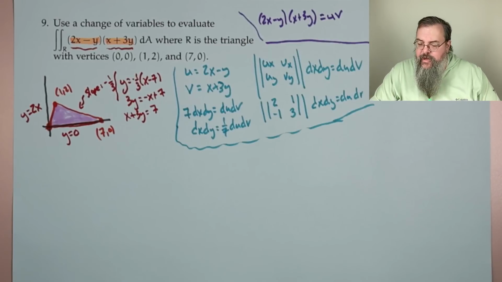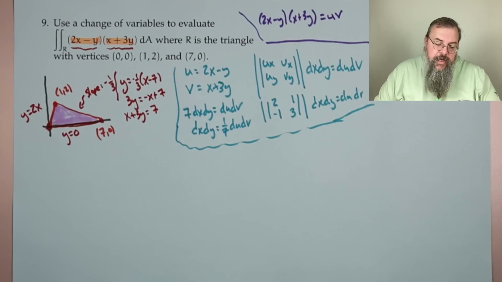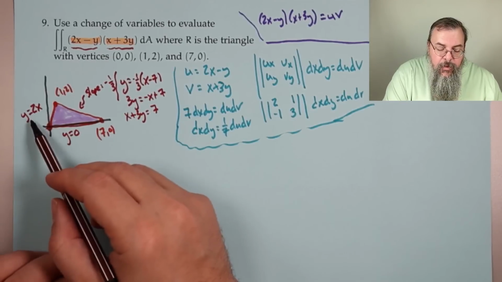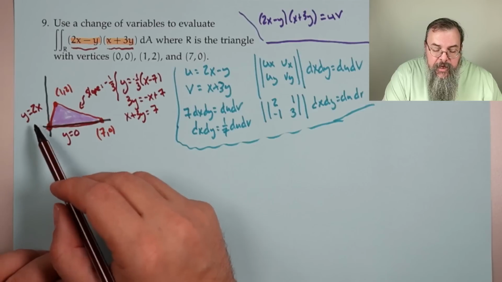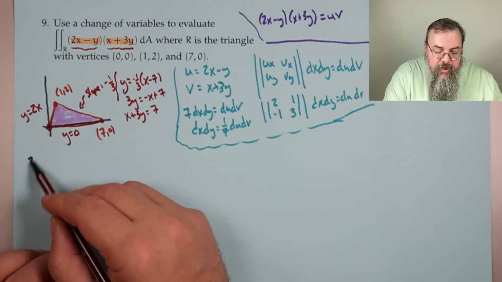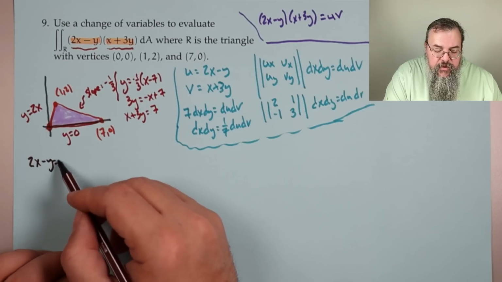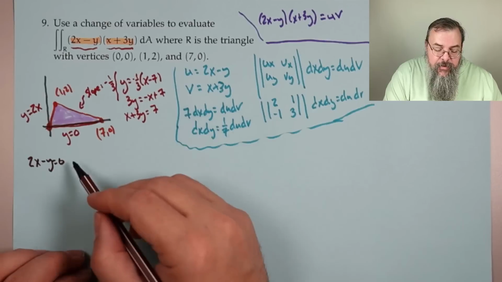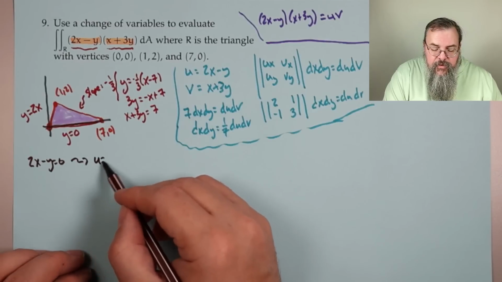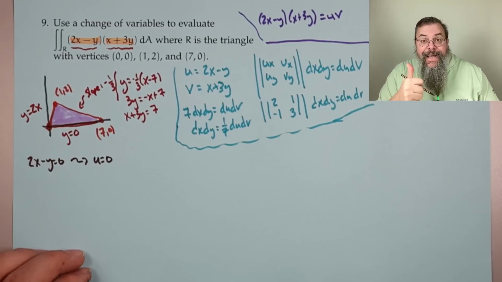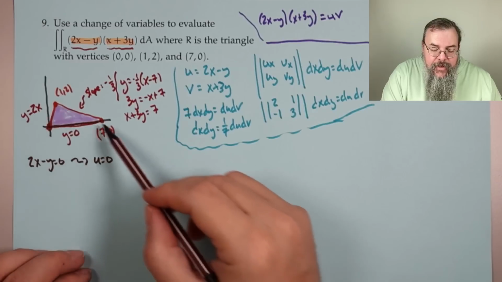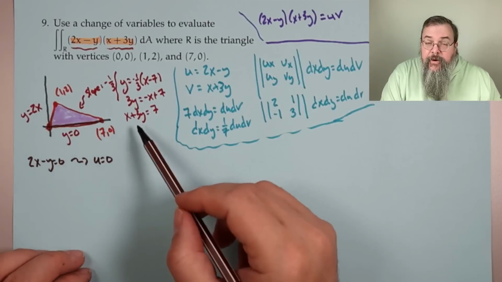All right, so let's talk about our bounds. We have three bounding curves. First, y equals 2x. We can write that as 2x minus y equals 0. That's this curve here. But 2x minus y equals 0 gives u equals 0. Nice. Then let's do this curve, and we already wrote that.